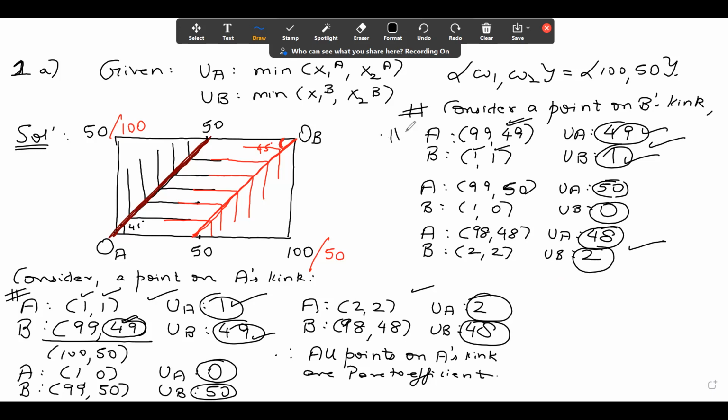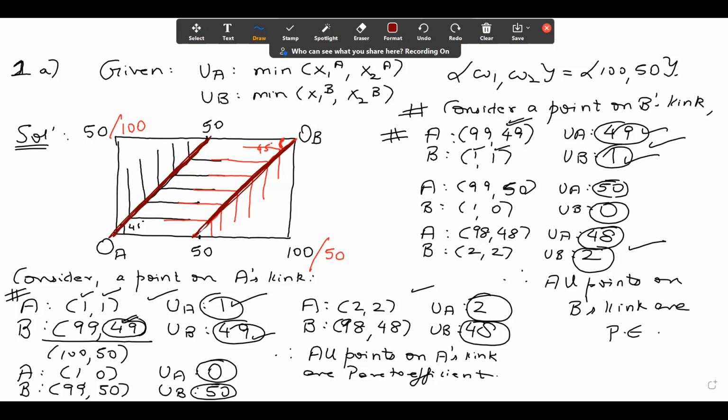So again, I can say that this initial allocation is Pareto efficient, and by that logic, I can generalize and say that therefore all points on B's kink are Pareto efficient. Because once you are on B's kink, you would not want to deviate, because if you deviate, one of the agents becomes better off by making the other agent worse off. So I can shade this in brown color and I can conclude that all points on B's kinks are also Pareto efficient.